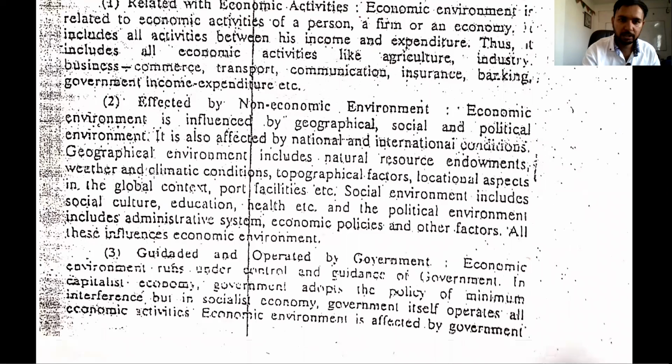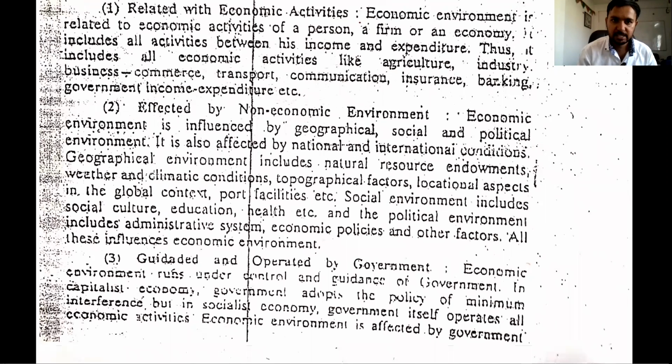Now the third characteristic of economic environment is that it is guided and operated by the government. All the policies and all the rules and regulations made by the government and implemented in the country are considered in the economic environment, and they directly affect any firm, and a firm cannot control those policies. A firm cannot refuse those policies.